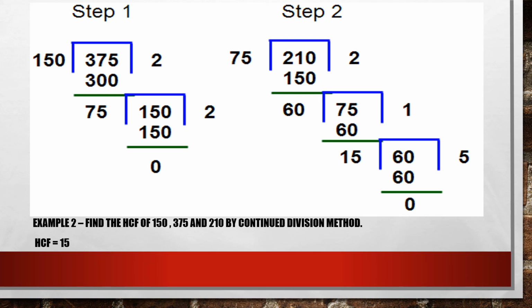So in this case, the last divisor is 15. So that is taken as the HCF. Today we learned the different methods of finding the HCF. Practice these very well so that you will be able to do all the questions related to HCF.